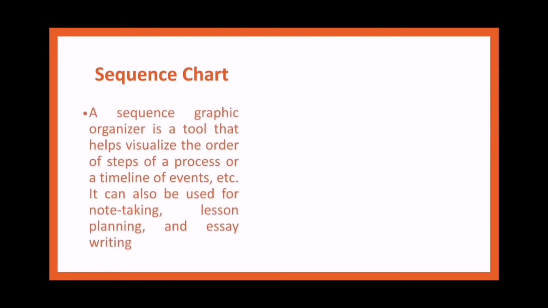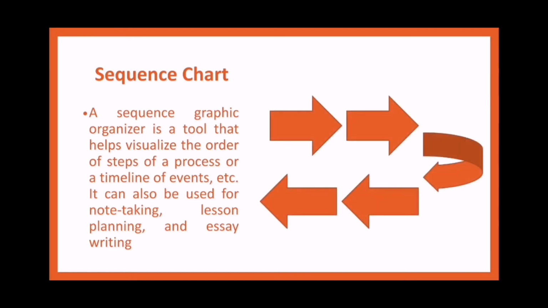Okay, a sequence chart is a tool that helps visualize the order of steps, process, or timeline of events. And this is an example of an organizer. I used arrows so that our learners can follow what happens next, or what the next step or process is.